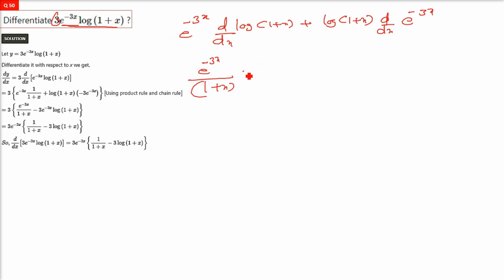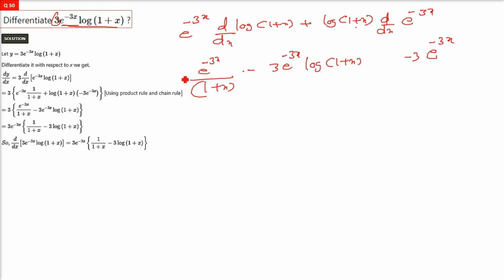And then we have e to the power minus 3x, and minus 3x will be giving you minus 3, and log 1 plus x. So you have minus 3 e to the power minus 3x log 1 plus x.